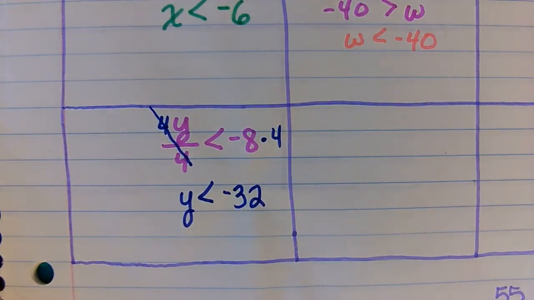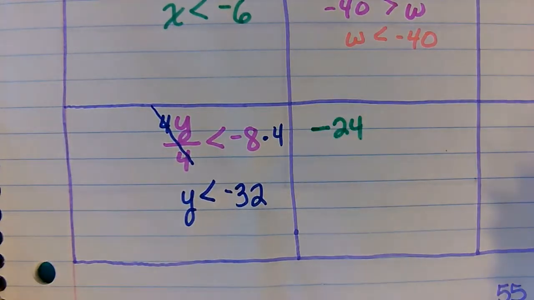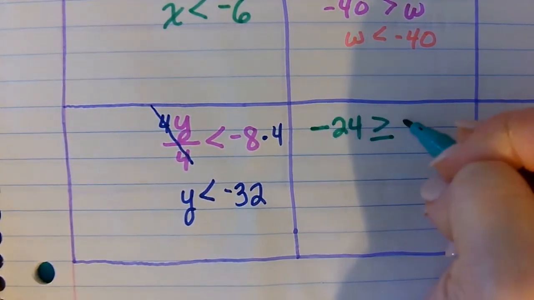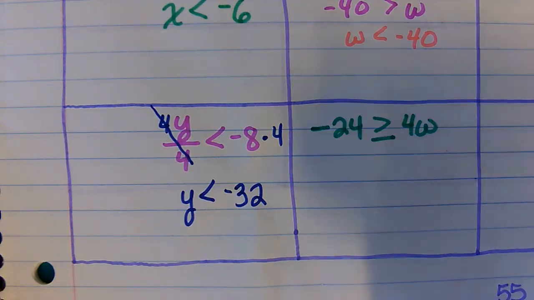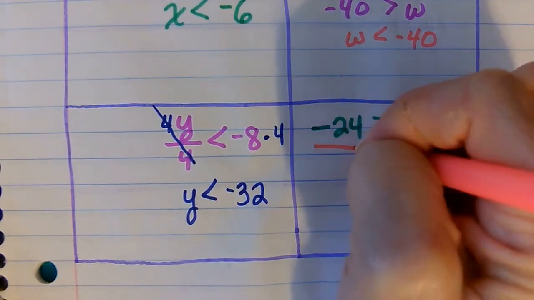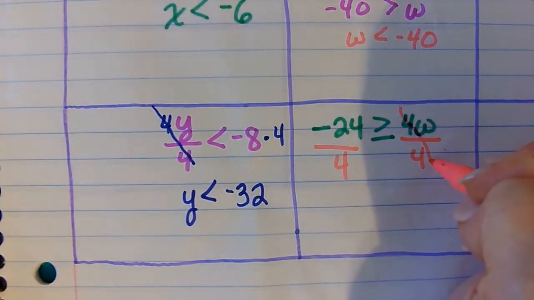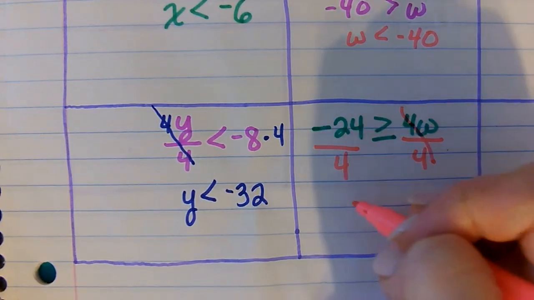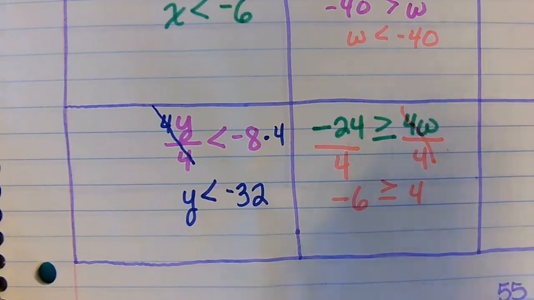One last box to fill before we practice. Negative 24 is greater than or equal to 4w. Okay? Now, we still got to get w by itself, so fraction bar under each side and divide by 4. Slash through these. Negative 24 divided by 4 is negative 6, and that is greater than or equal to 4.